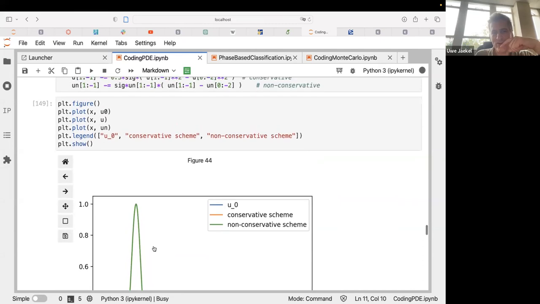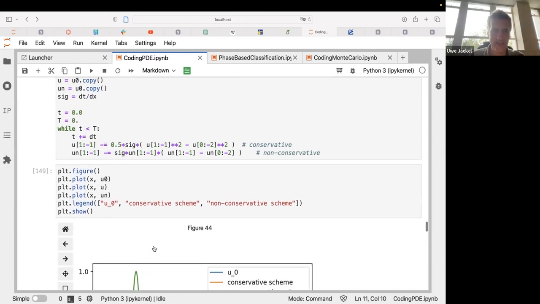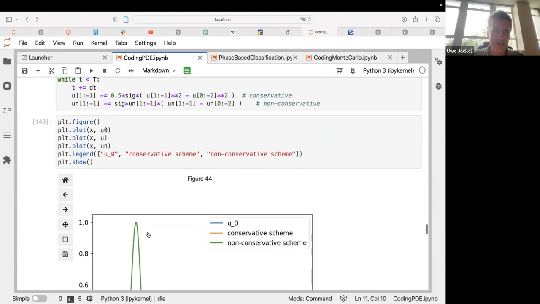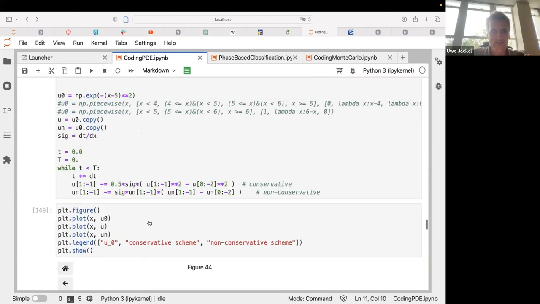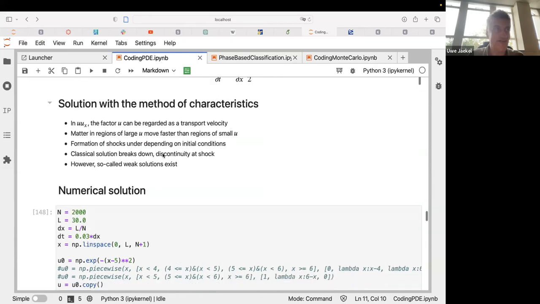And what we see here, and that can also be nicely illustrated by the method of characteristics, is that the matter here is trying to overtake the matter here, and a shock is forming. So there is shock formation, depending on the initial conditions.